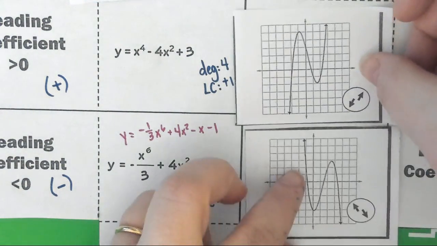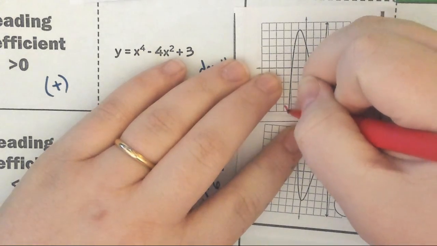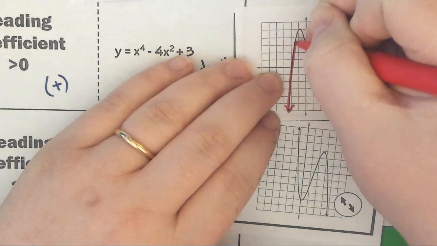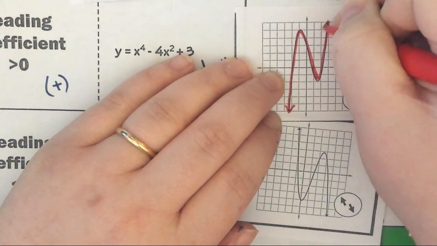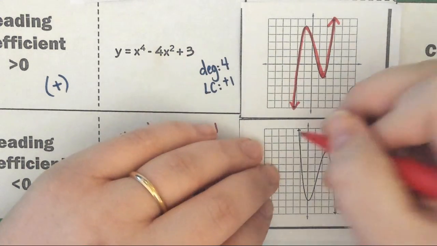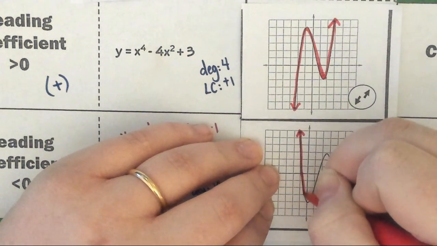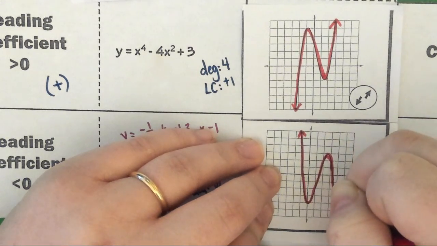Okay, so the other two graphs we're going to talk about today are obviously with odds. We dealt with even degrees and their end behavior. Now we've got to talk about odd degrees and their behavior. Now let's be honest, odd polynomials suck. And the reason they do has to do with their ends.